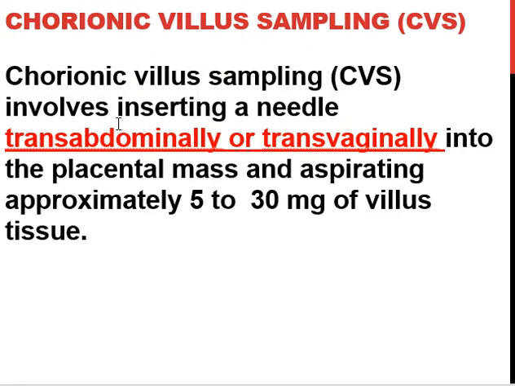Now, after the amniocentesis, we have an invasive technique that is called chorionic villus sampling. Chorionic villus sampling involves inserting a needle transabdominally and transvaginally into the placental mass and aspirating approximately 5 to 30 milligram of villus tissue.